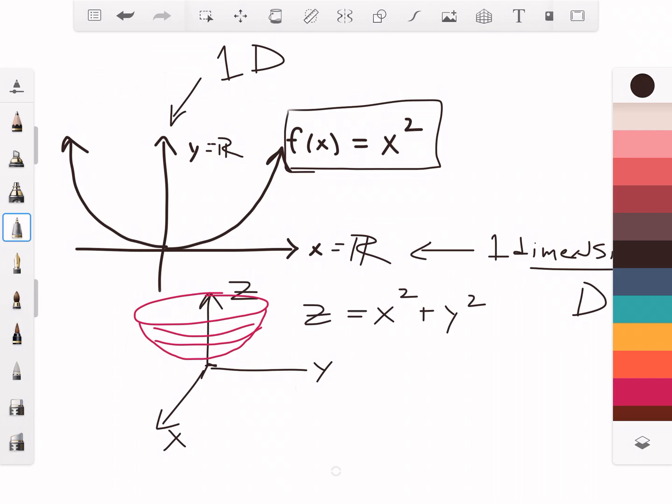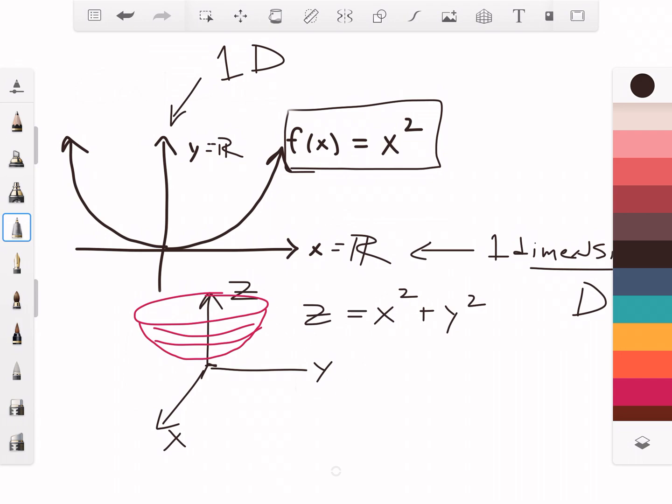So if you think about really big data, with thousands of rows and thousands of columns, there's just no way to draw that in 2 dimensions like you do in Calc 1 and Calc 2.